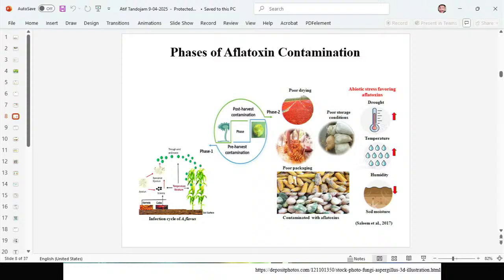Aspergillus flavus is the main fungus which causes aflatoxin. This infection comes at phase one, when the crop is at the production stage, when it's cultivated in the field. So we need this aflatoxin biocontrol. It just focuses on controlling the infection of Aspergillus flavus.